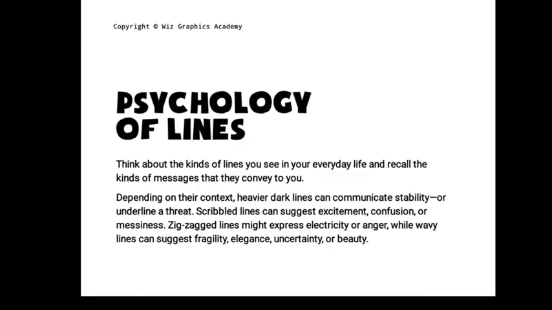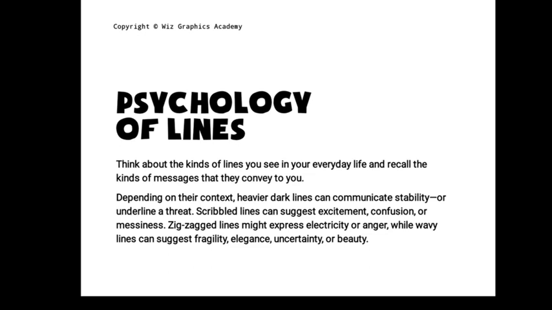Now let's see the psychology of lines. Think about the kind of lines you see in your everyday life and recall the kind of information they convey to you. Depending on their context, heavier dark lines can communicate stability.